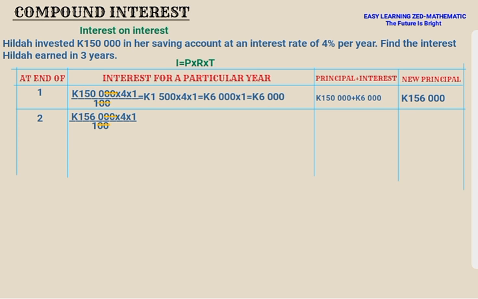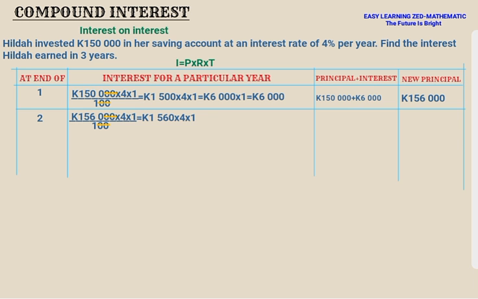Okay, then we're going to multiply 1,560 by 4, and divide by 1. 1,560 divided by 1 will be 1,560 again. Then we're going to multiply by 4, then by 1.